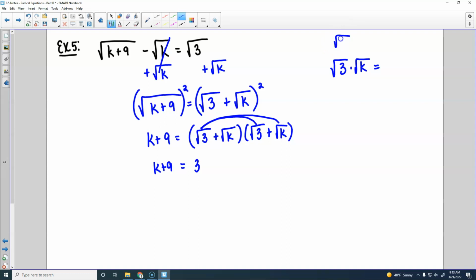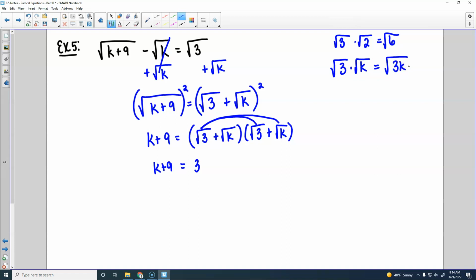So like if I had square root of 4 times square root of, well, let's not use 4 because that's a perfect square. Square root of 3 times square root of 2. I could multiply those together, but it would still be under the square root. It's going to be the same here. To add, you would have to have the exact same numbers under the square root, so we could never add those two together. We couldn't add square root of 3 and square root of 2 together and combine those. But to multiply, you don't have to have the same numbers. You just multiply whatever is underneath the square root together, but you have to keep it under the square root.